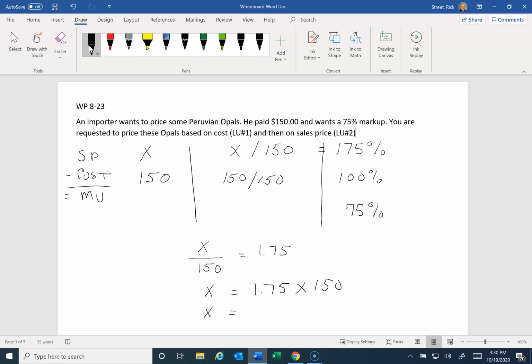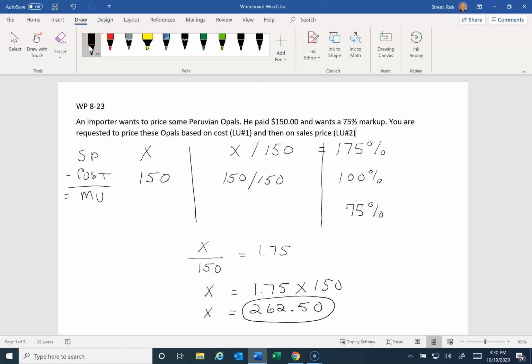And so 1.75 times 150 equals $262.50. So our selling price is going to be $262.50.